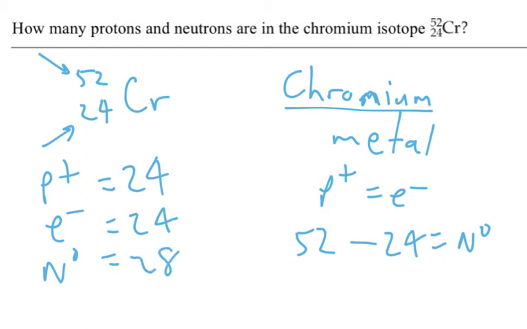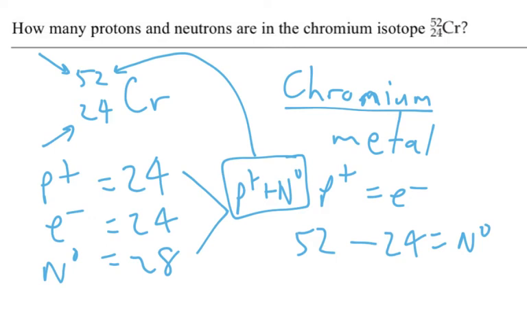A good way to check your answer is add the protons plus the neutrons, and if they add up to 52, which they do in this case, you know that you did that right. Notice the electrons are not part of finding the atomic mass.